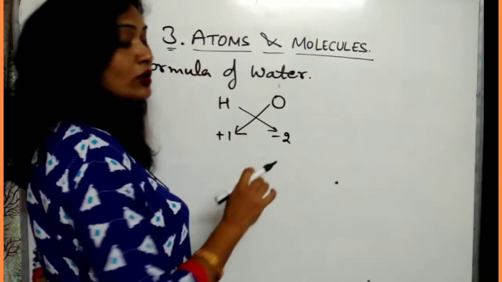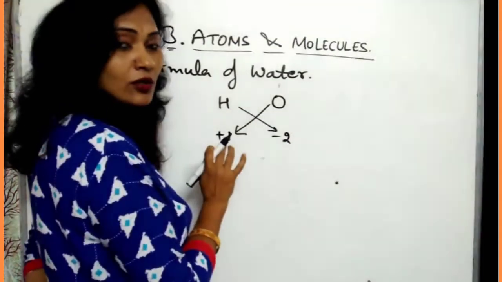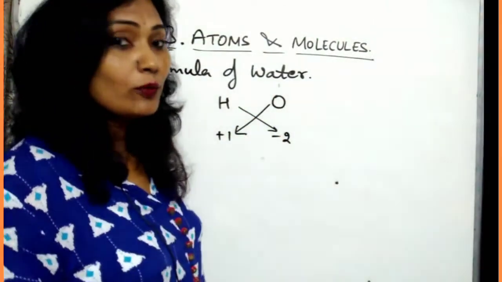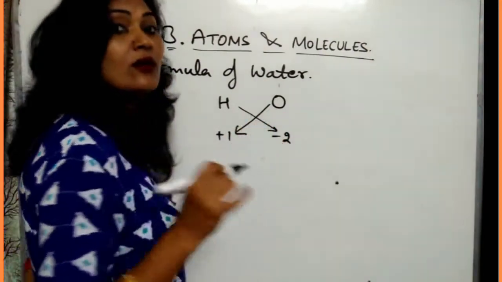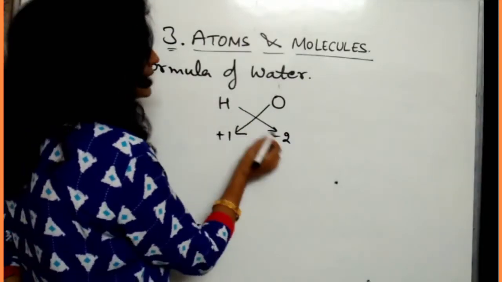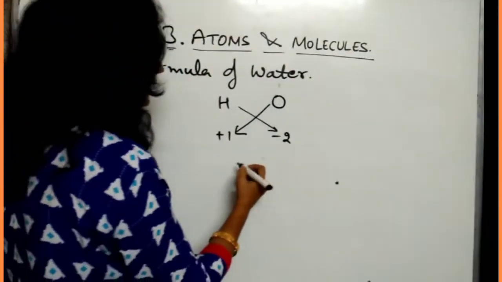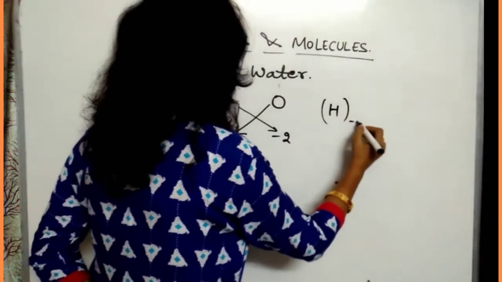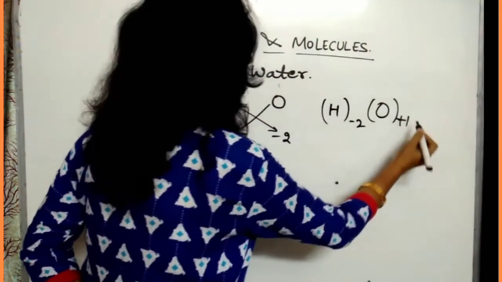First we have written the symbols of the elements of that specific compound which we want to form. Okay. So after that we will write the valency at the base of the element, and third step we have to cross the valency and write that. What we will write? H minus 2, O plus 1.